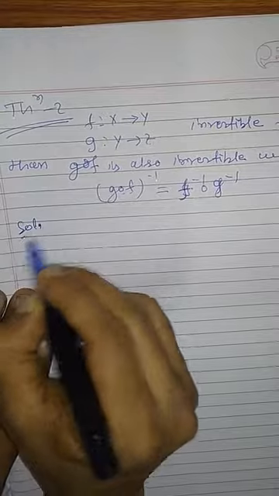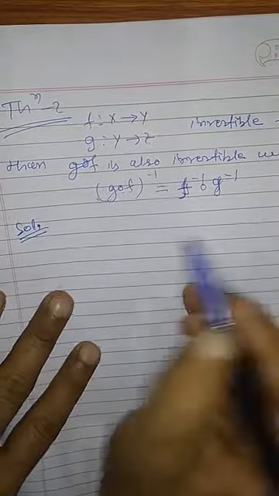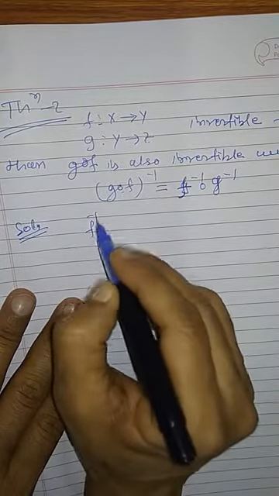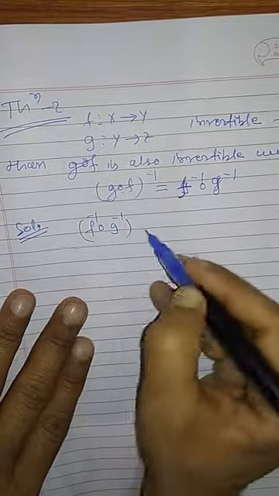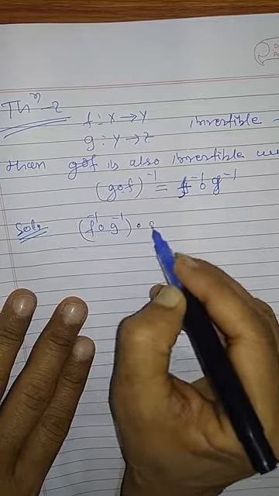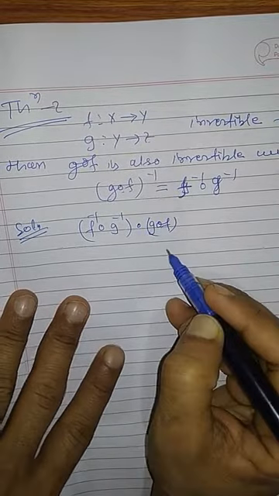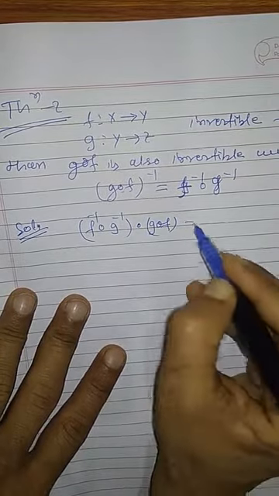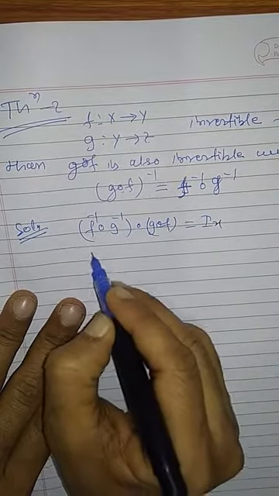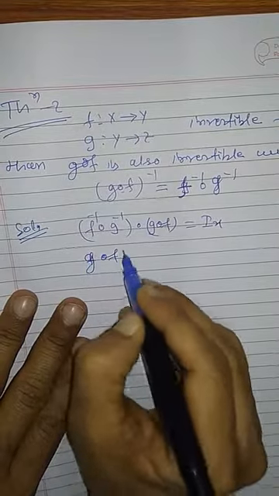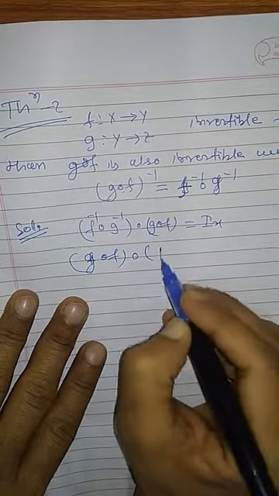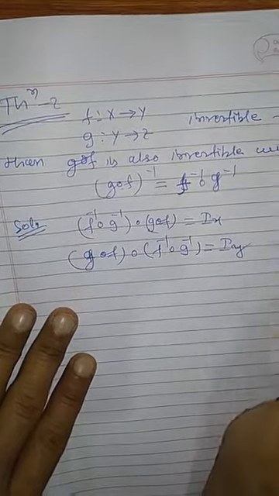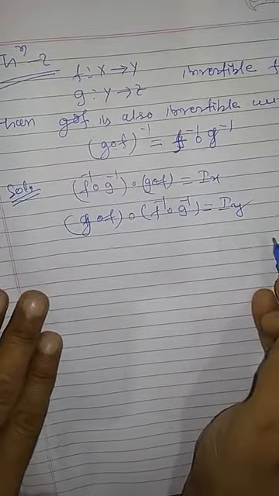Proof. How can I prove? See, we know (f inverse o g inverse) o (g o f). What will you get? If you get Ix, and (g o f) o (f inverse o g inverse), if you get Iy, then the function is invertible.